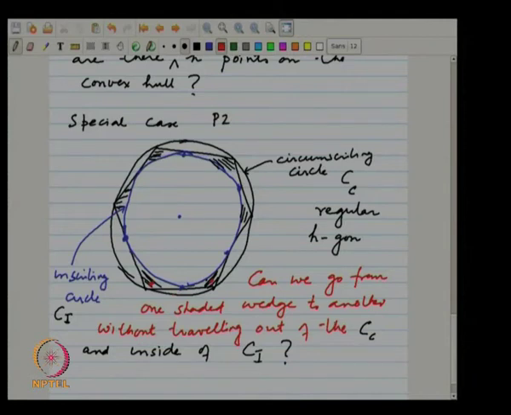One shaded wedge to another without traveling out of... no, not just outside of C_C.